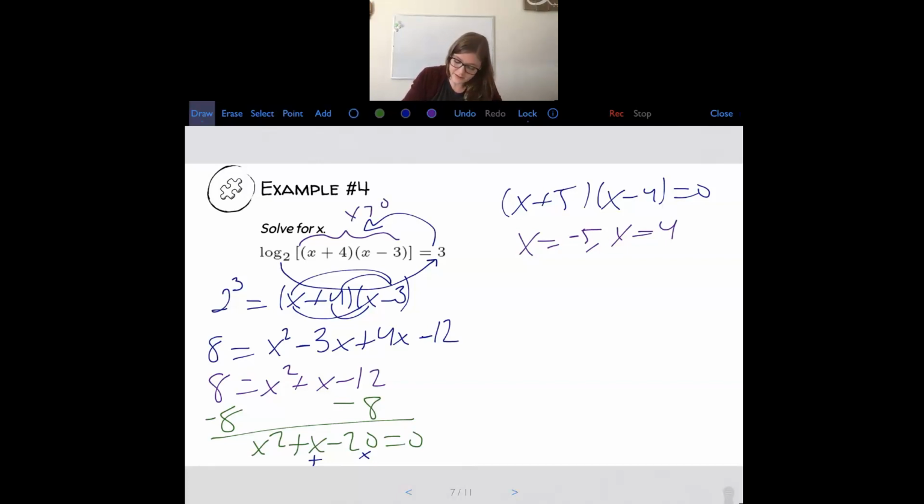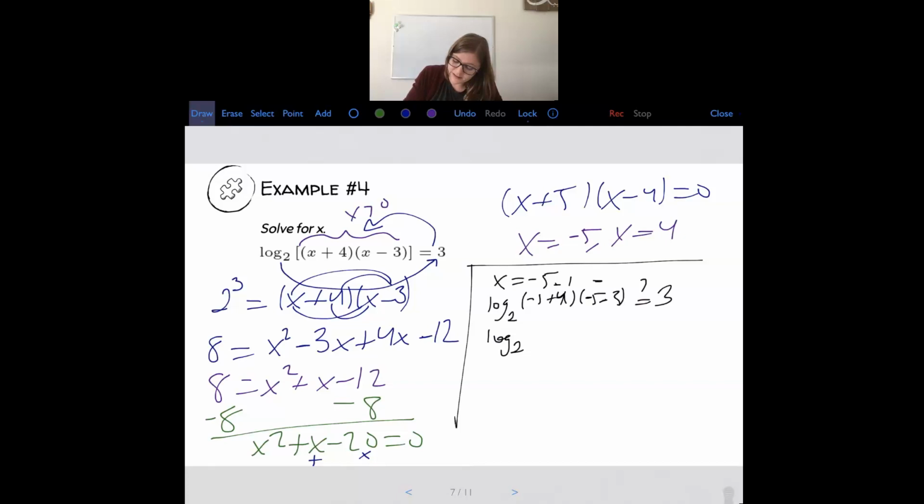Okay, so we'll check. First we'll do x is negative 5. So we have log base 2 of negative 5 plus 4 times negative 5 minus 3. Is that equal to 3? If we keep going, negative 5 plus 4 is negative 1.